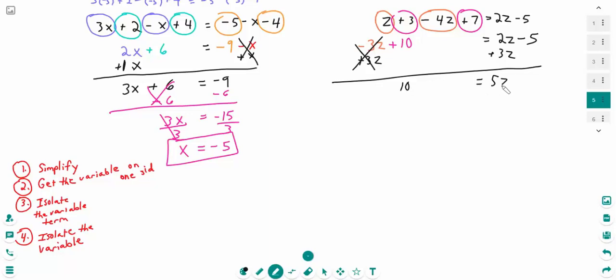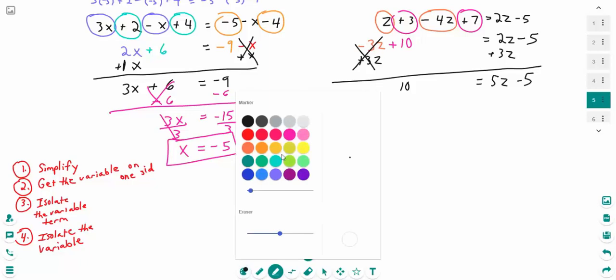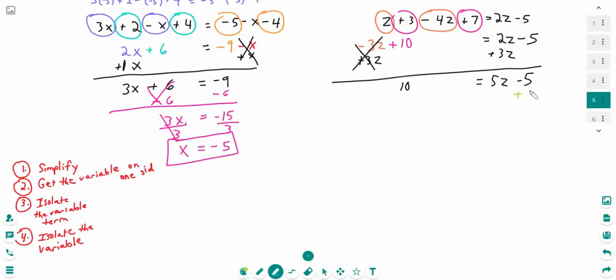Well, that's 5z minus 5. Now I can get my variable term by itself, and I can do that by adding the 5 to both sides. And 10 plus 5, well, that's 15. And these are going to cross out, and we end up with just 5z, right?